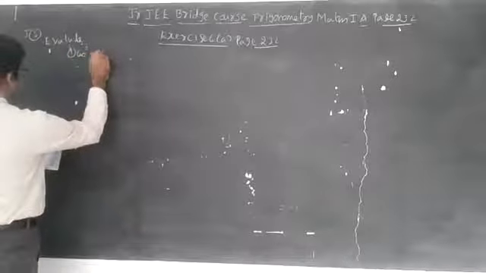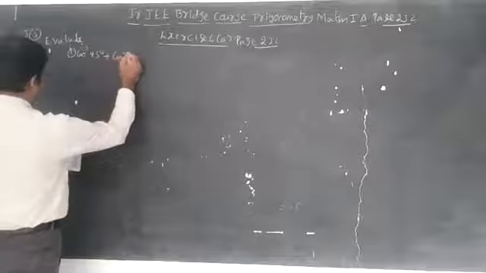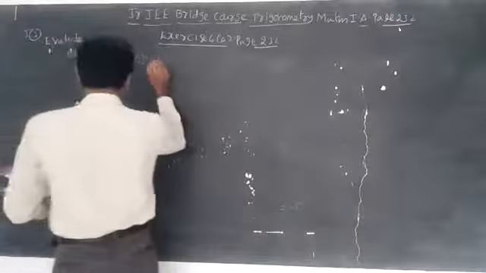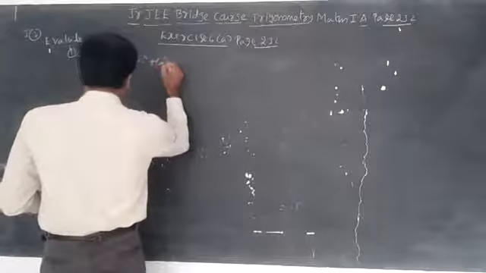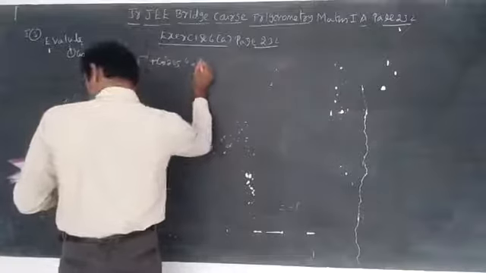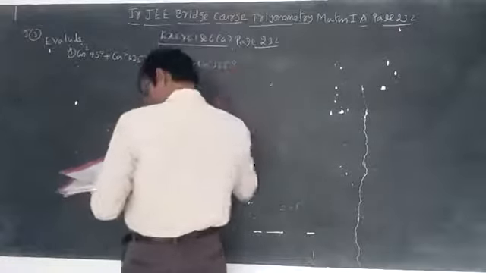First one, cos square 45 degrees plus cos square 135 degrees plus cos square 225 degrees plus cos square 315 degrees.